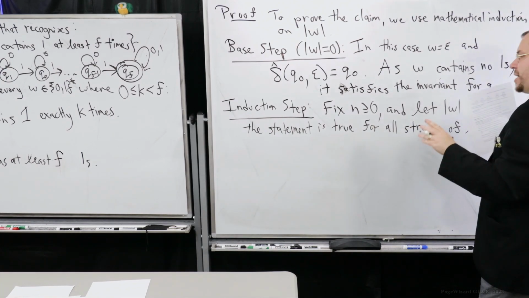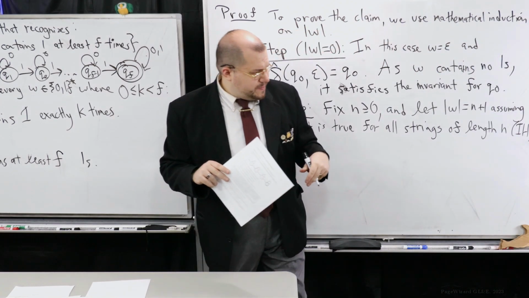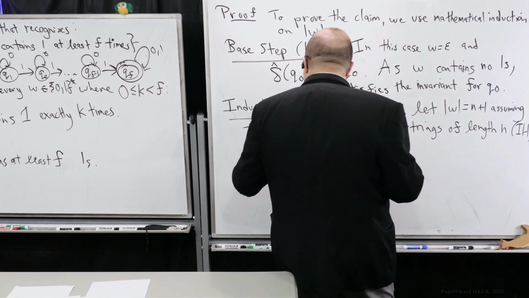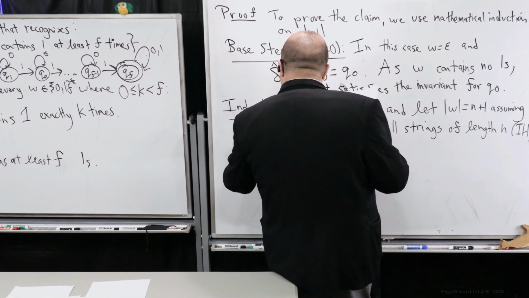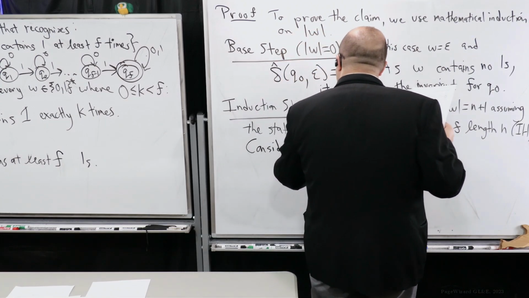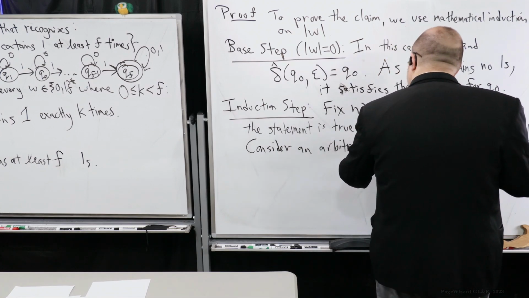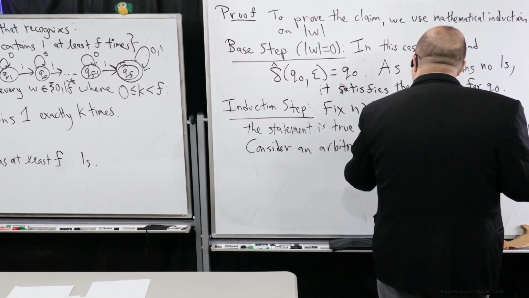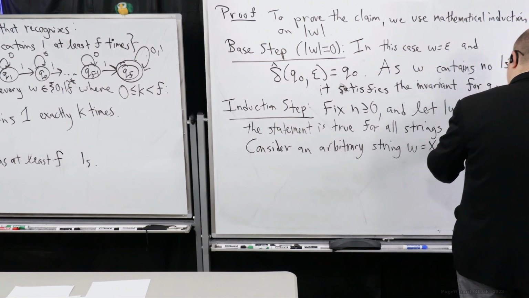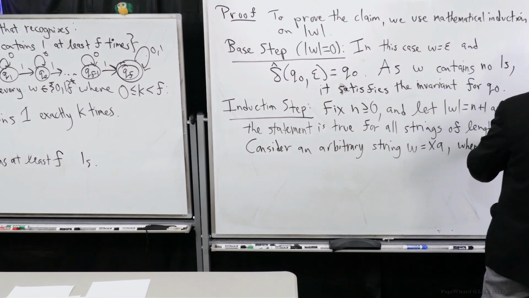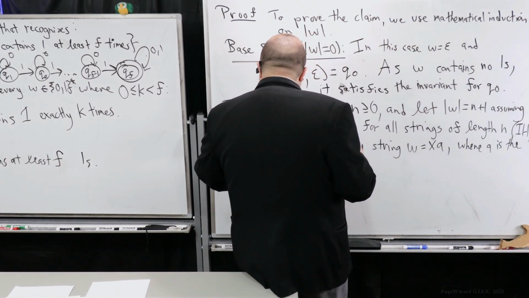So we're going to consider now an arbitrary string w, and we're going to decompose it into two chunks, as we've done before. So consider an arbitrary string w is equal to xa, where a is the last symbol of w.